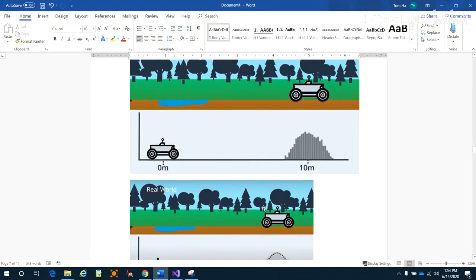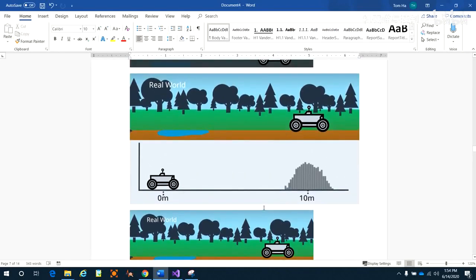So we can iterate this test 100 times. What do you think? It gives you this bell curve right here. People call it the Gaussian, right?